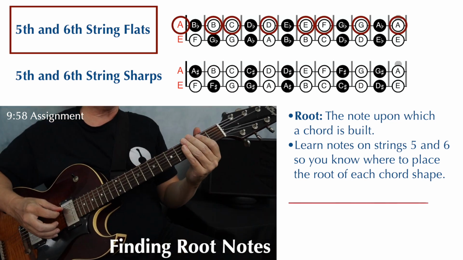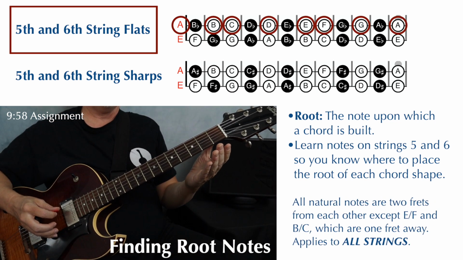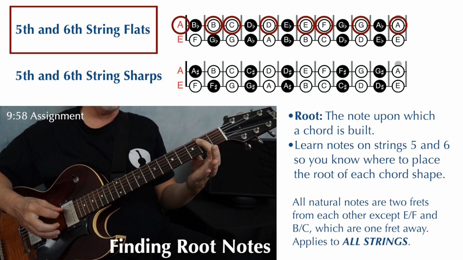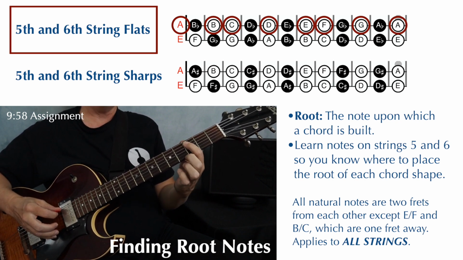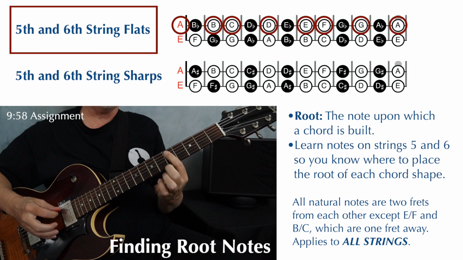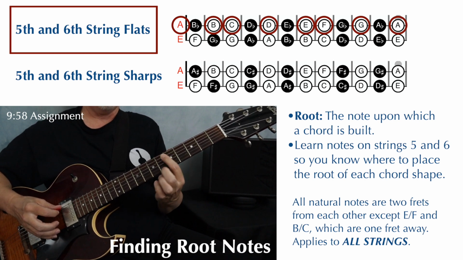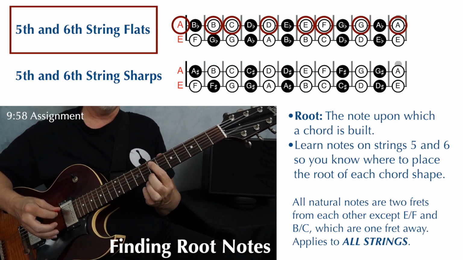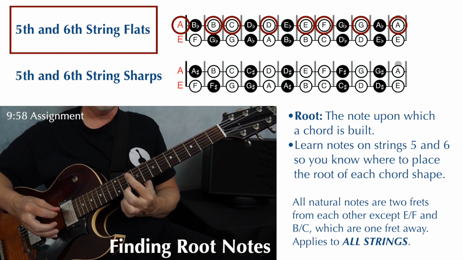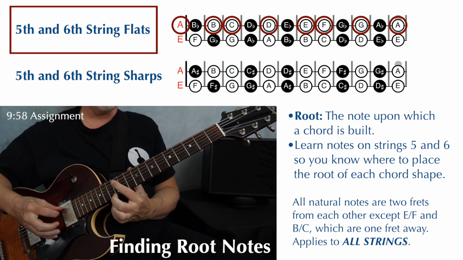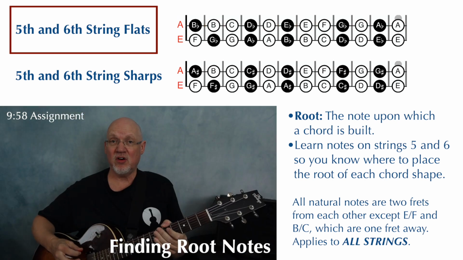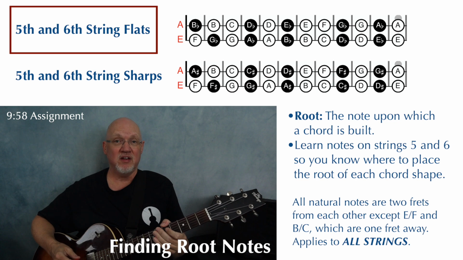For example, the 5th string, open A, 2 frets away is your B, 1 fret away is your C, 2 frets away is your D, 2 frets away is your E, 1 fret is your F, 2 frets from that is your G, and 2 frets from that is another A, an octave higher than the open string. So as long as you know the name of your open string, you can figure out the rest of the notes from there using that pattern.